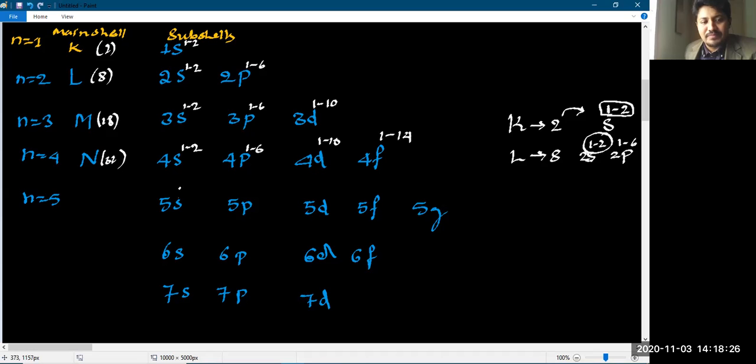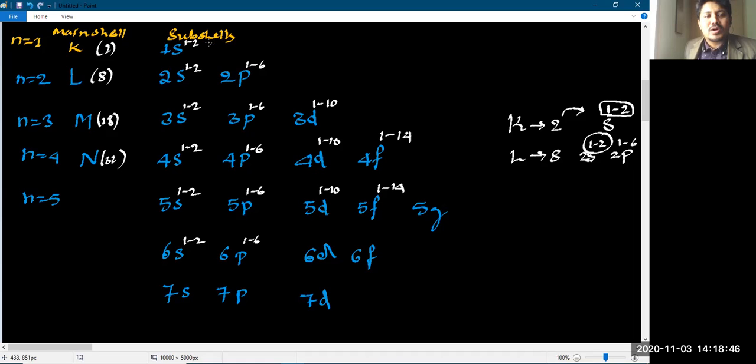It helps you write a proper electronic configuration for the elements, and this electronic configuration helps indicate which block of the periodic table the element belongs to.